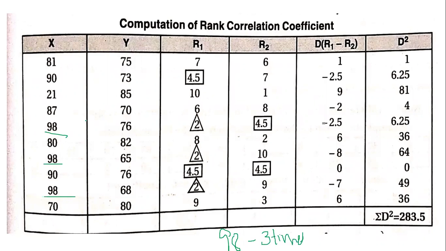And then we have 90 which is repeated 2 times. And then here we have 76 which is repeated 2 times. So first 98 is repeated 3 times, then we have 90 repeated 2 times and 76 repeated 2 times. Okay. Now let us go to the formula.